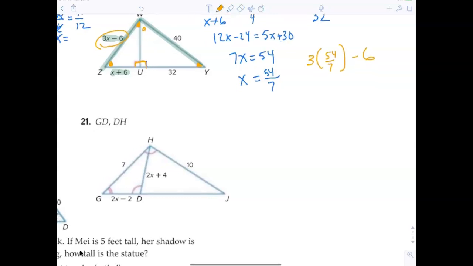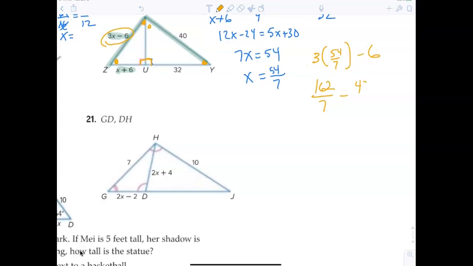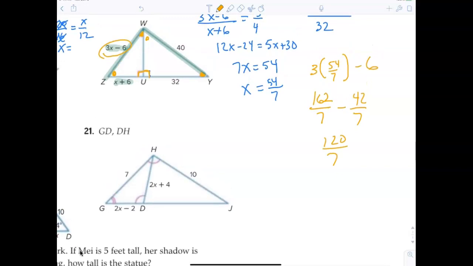So this is the same as 162 over 7. Now 6 is how many 7s? 42. So it's minus 42 over 7, which is just 120 over 7. So that is WZ.